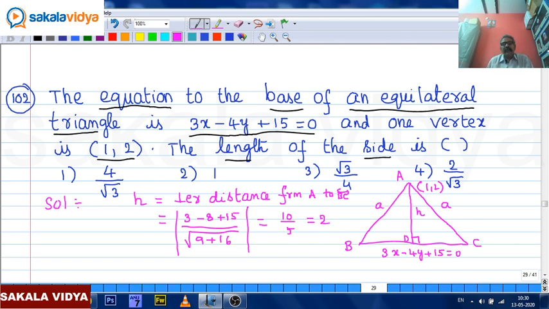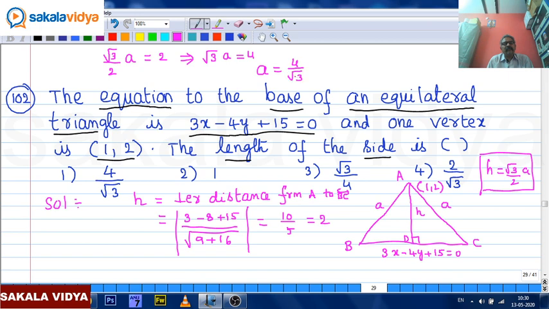For example, a is the side of an equilateral triangle. H is given by the formula H is equal to root 3 by 2 a. The altitude or height of an equilateral triangle is root 3 by 2 times a. So we need to find out a. That means root 3 by 2 a equals to 2. Now root 3 a equals to 4, a equals to 4 by root 3. That means first option is the right option.